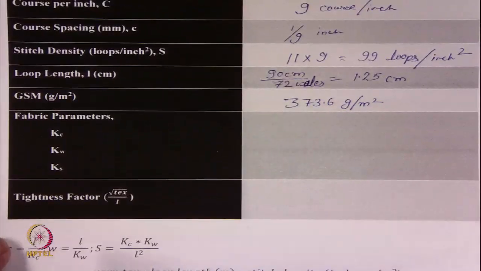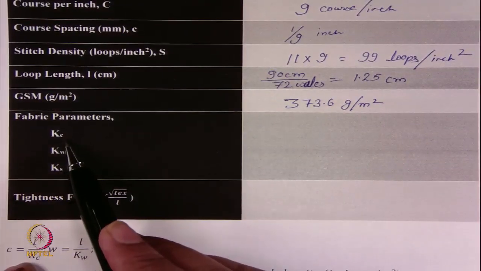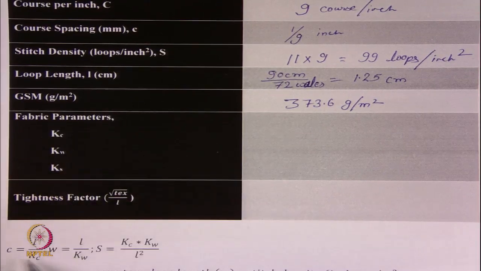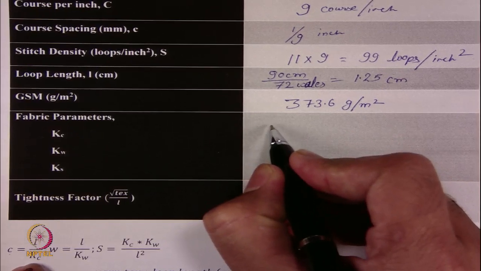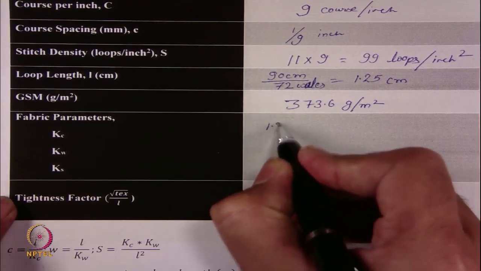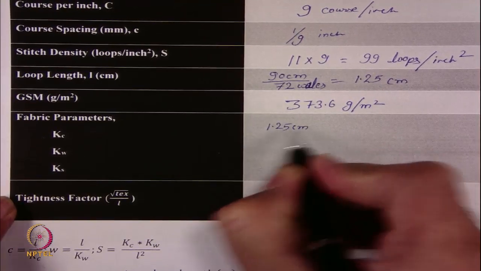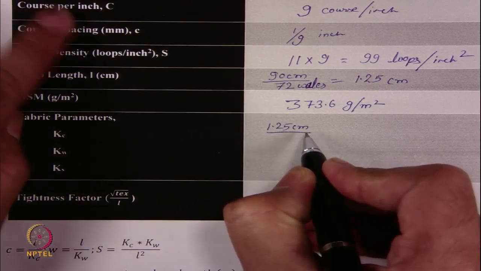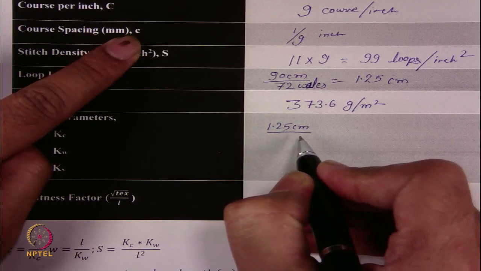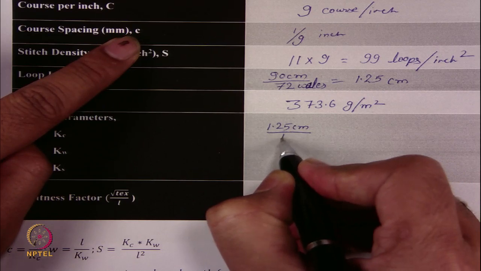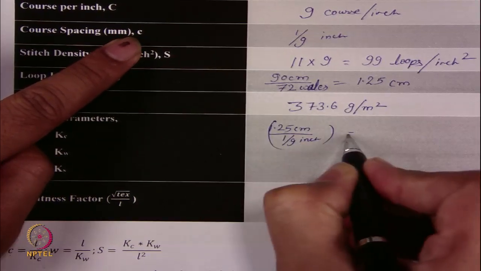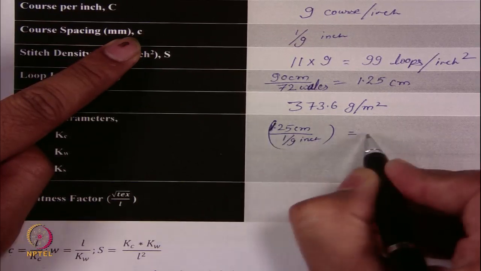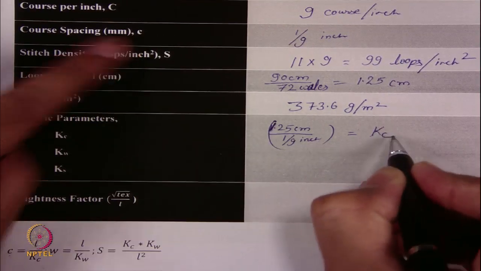Some of the parameters, one is Kc. Kc is defined as CL by C. So, Kc is nothing but loop length, which is 1.25 centimeter, divided by C. The distance between two loops is 1 by 9 inch. So, you can convert it and you can get the result of Kc.